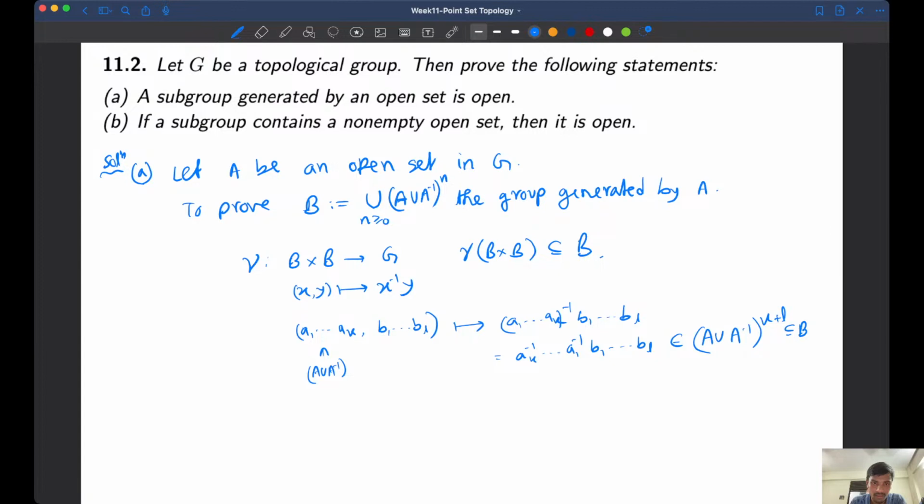If A were given to be symmetric, then I wouldn't have had to take this A union A inverse. Okay, so is this clear now?